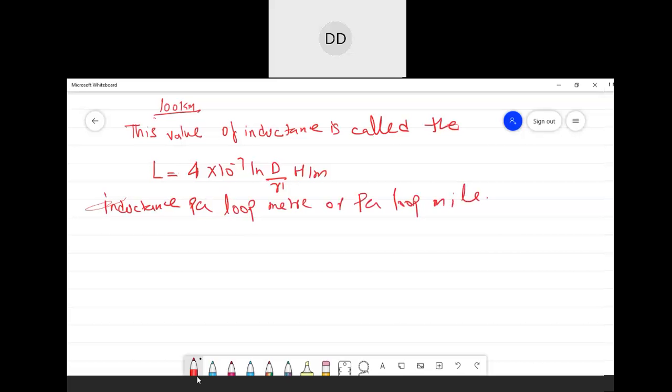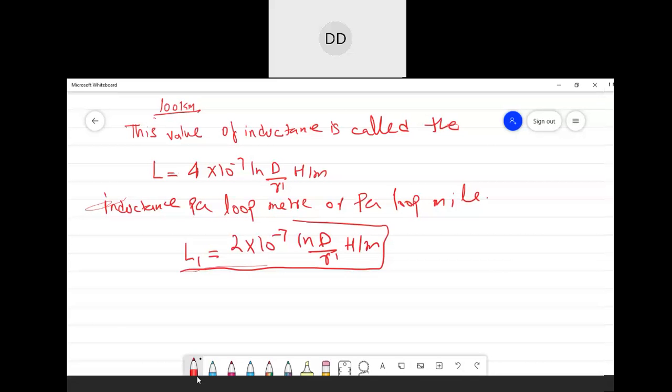To distinguish it from the component of the inductance of the circuit attributed to the current in one conductor only, the latter is given by one half of the total inductance of a single phase line and is called the inductance per conductor. So it can be written like this. This would be one half of it and the other circuit would be the full of it. So this is exactly what we wanted.